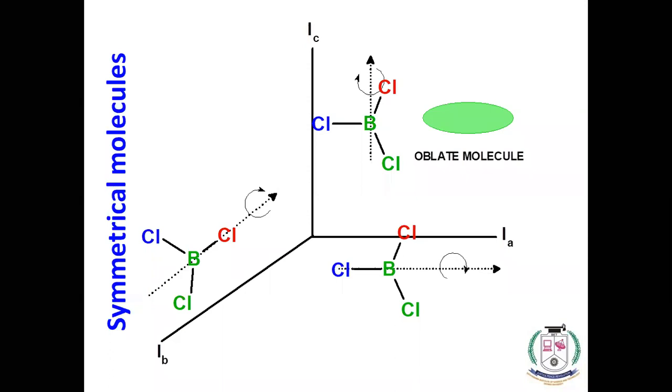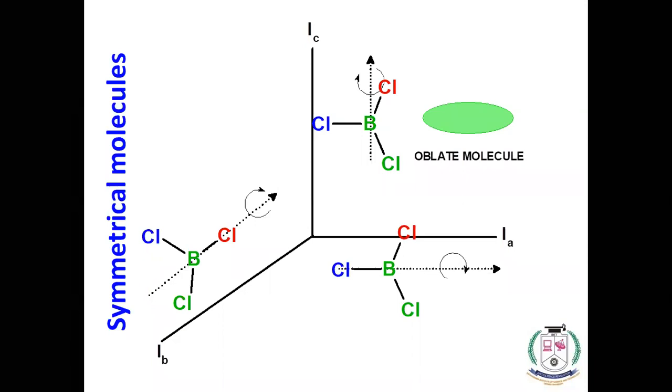In the previous case, in one direction increasing, in two directions decreasing, that is the prolate. If you come to the oblate, in two directions it is increasing and in one direction it is decreasing. The moment of inertia will be decreasing in one direction and increasing in two directions. That is known as an oblate symmetrical top molecule, boron trichloride.